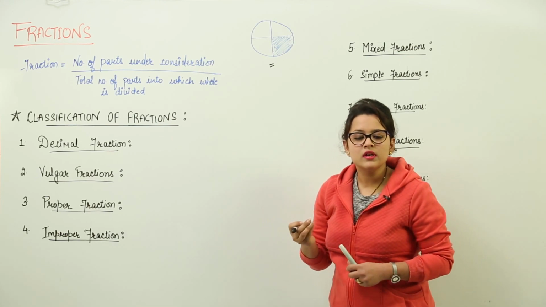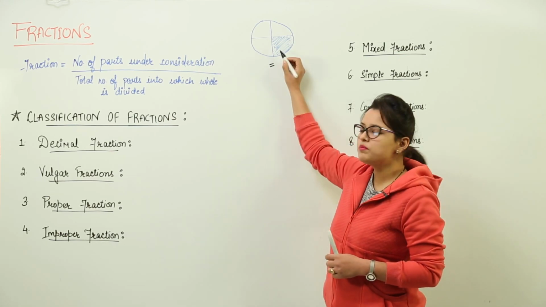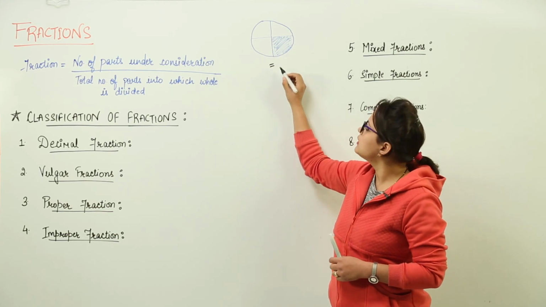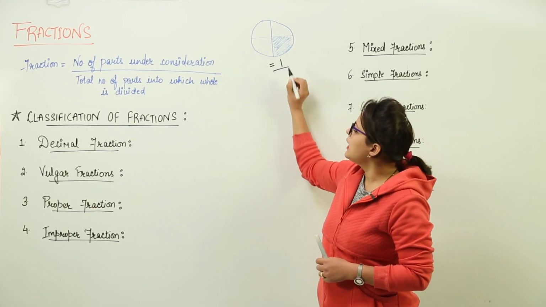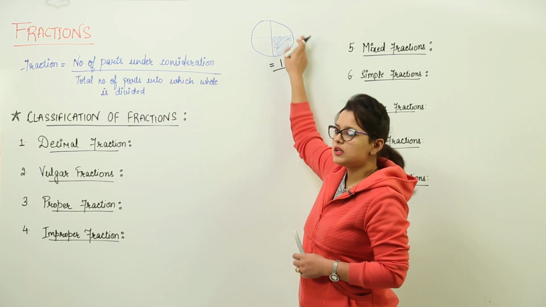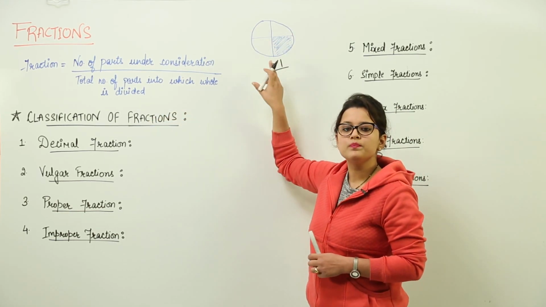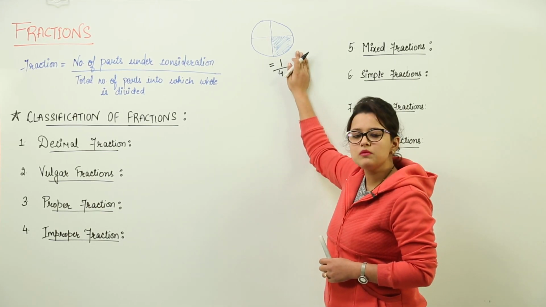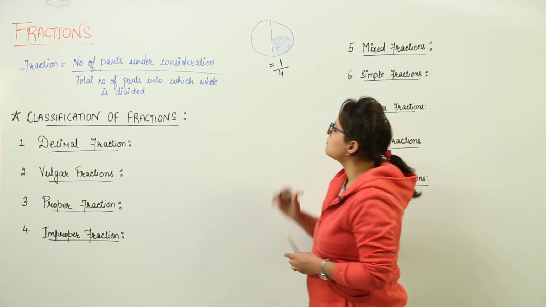What are we considering? We are considering the shaded portion. So, how many parts are there in the shaded portion? There is only one part, and the total number of parts into which the whole is divided. This whole is divided into 4 parts. So, the fraction for this shaded portion will be 1 by 4.